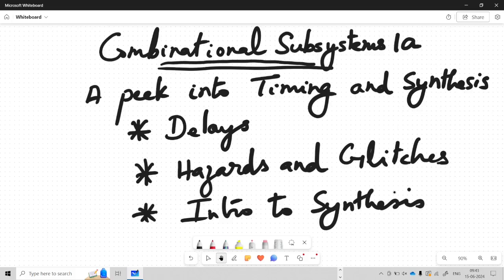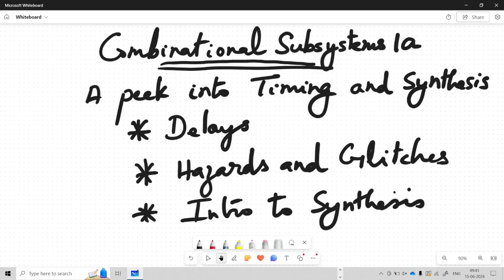The nature of the underlying hardware and its behavior, especially in terms of timing, should be clearly understood in order to avoid a lot of problems that are likely to crop up post synthesis. So that is the reason why I am introducing at least some basic ideas related to synthesis and timing at this early stage.